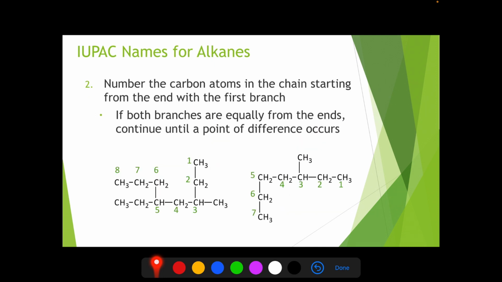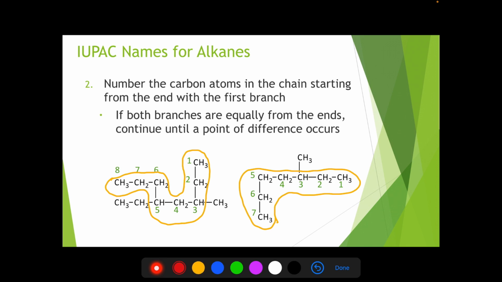So this is rule number 2. Number the carbon atoms in the chain starting from the end with the first branch. So these are the ones that we just were looking at. Here's my octane. And here is my heptane. Again, at the 3rd carbon is a methyl group.